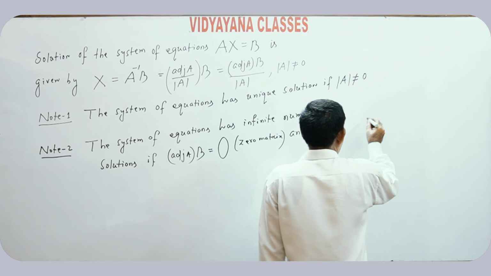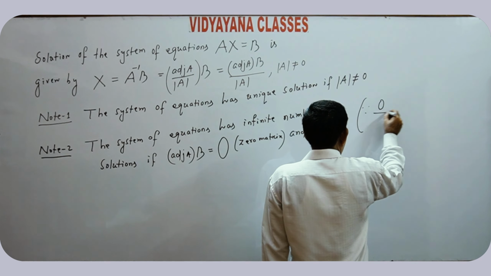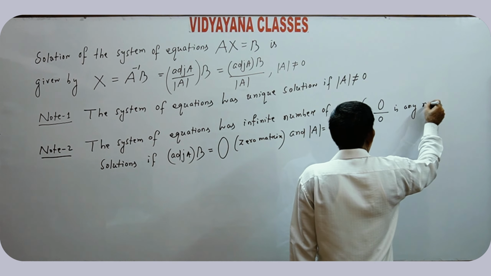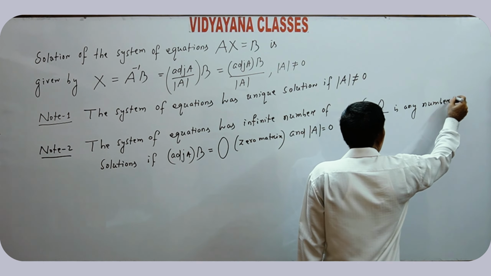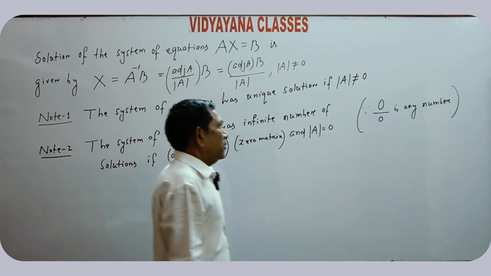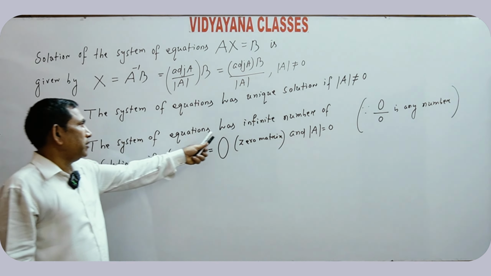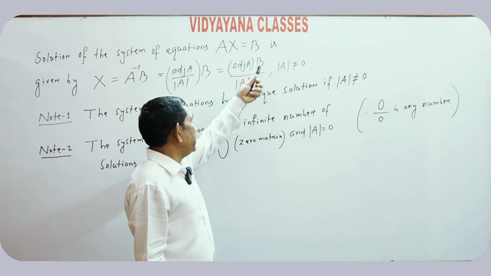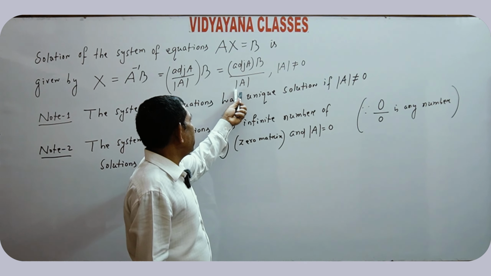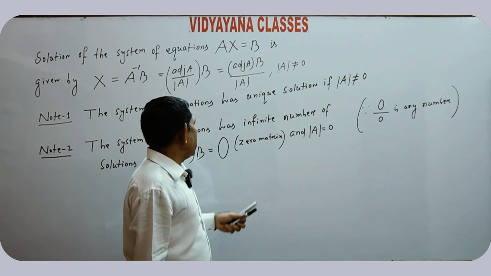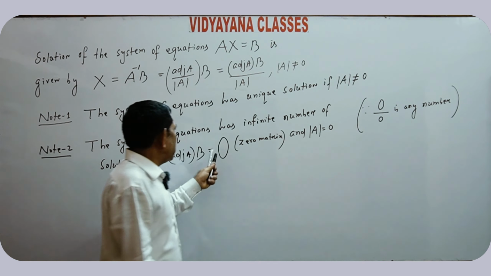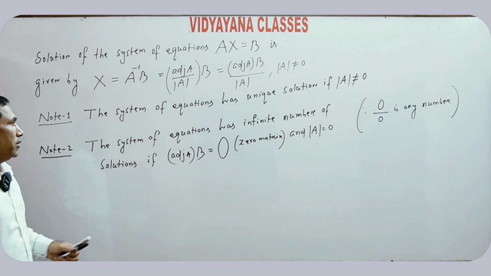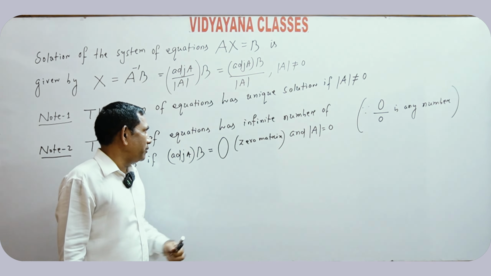Since 0 by 0 is any number, the system of equations has an infinite number of solutions if adjoint A into B is equal to 0 matrix and determinant of A is equal to 0. 0 by 0 is any number, so the number of solutions is infinite.